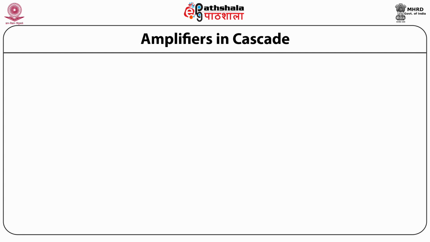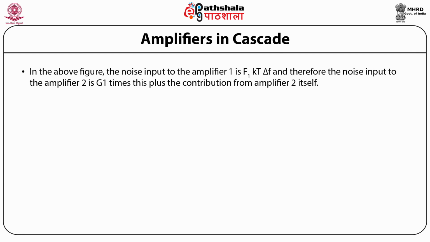Amplifiers in cascade. In the above figure, the noise input to amplifier 1 is F1 KT delta F, and therefore the noise input to amplifier 2 is G1 times this plus the contribution from amplifier 2 itself.